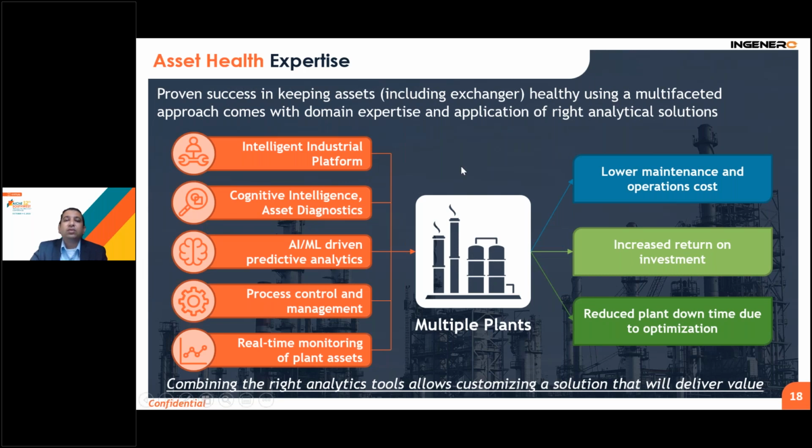The need here is to have the right domain expertise, and with that domain expertise to understand the right application tools and models, and eventually create real-time solutions which can help operations get augmented intelligence on a live basis and drive changes which eventually lead to tremendous savings and value capture.